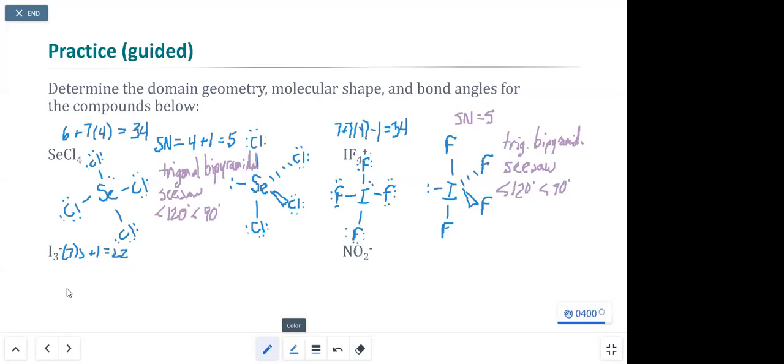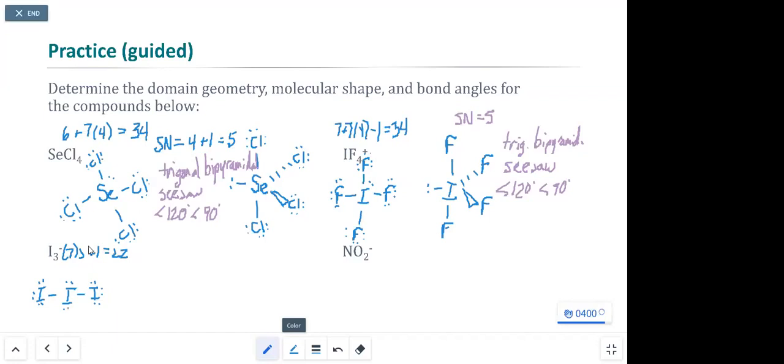So if I draw iodine thusly and fill out all of the octets as I am supposed to do, all of those iodines now have an octet.